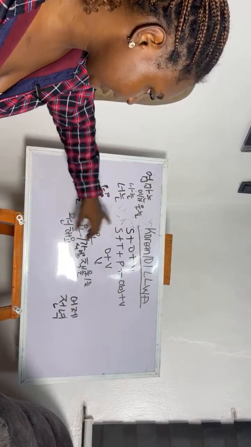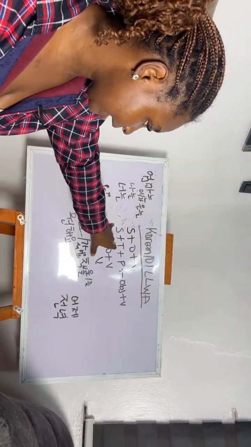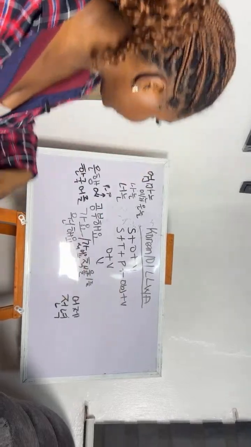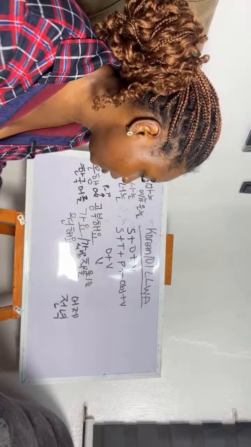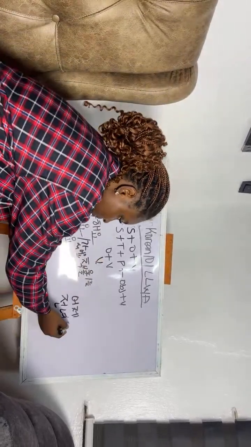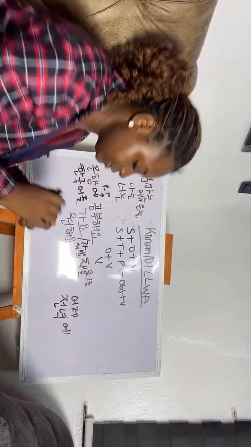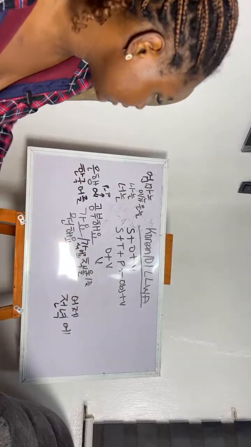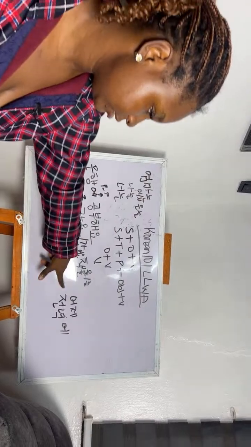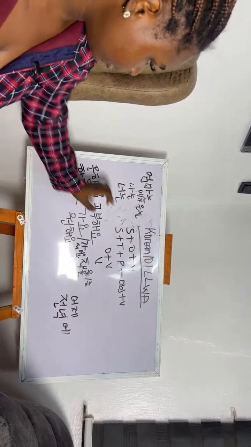I'm going to take that again. Subject, time, object, and verb. So subject, 엄마는, time, 저녁에, also being time particle. So at evening time or at dinner time, basically. 엄마는 저녁에, object.